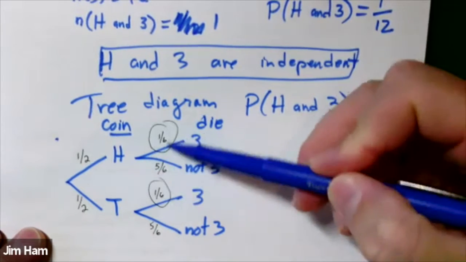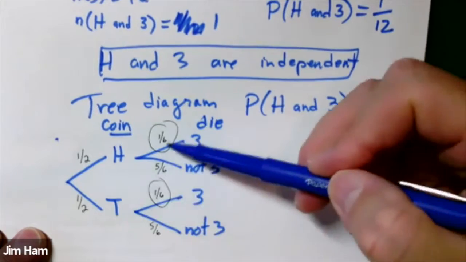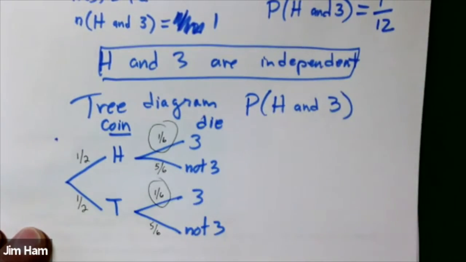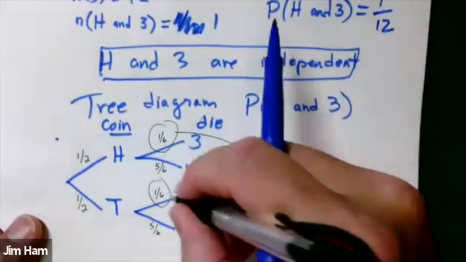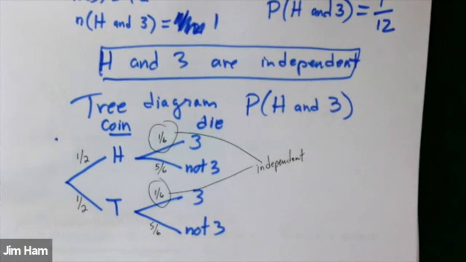Are these probabilities different if you get a head first versus a tail first? No, they're the same exact thing. If this happens, we know that the two events are independent. The probability of getting a 3 after you flip a coin is the same whether you get a head or a tail. So that's the idea of independence.